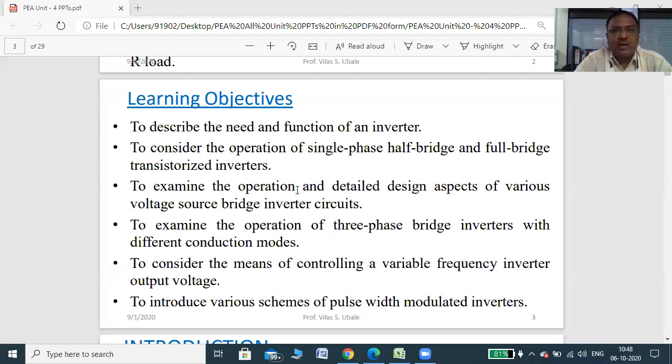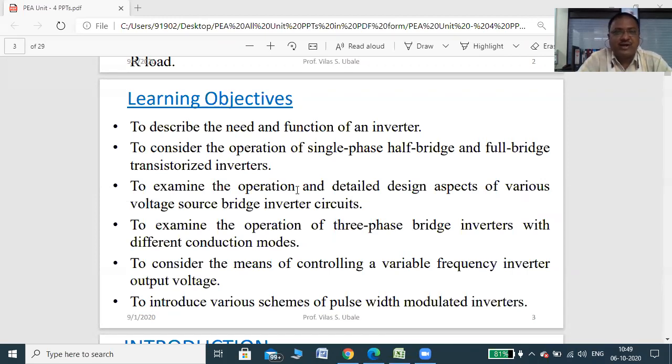So normally, batteries are not used for a DC supply. So whatever supply is available, that is the mains from MSCB, that supply, single phase or three phase, is first converted into DC, and then that DC is used as an input source to the inverter.